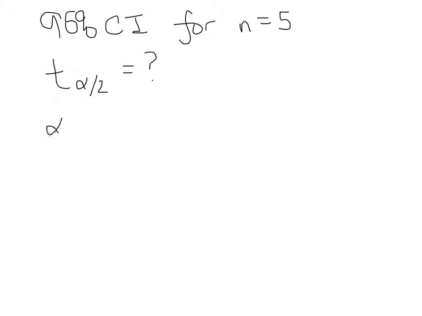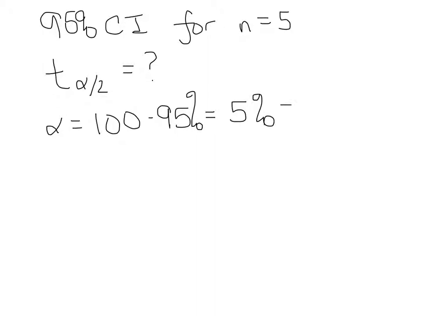So alpha, remember, is 100 minus 95, which is 5. And if you want to convert that to a percent, this is percent, which is really 0.05. And then alpha divided by 2 would therefore be 0.025. Okay, so that's our alpha divided by 2.